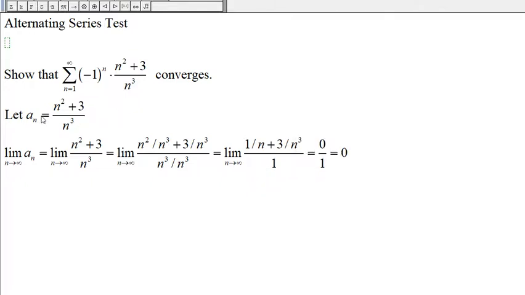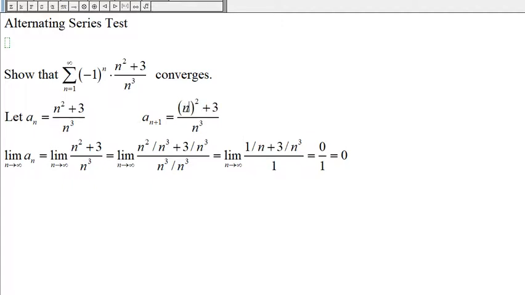And so for one like this, it's difficult to do a direct comparison, meaning if we form a sub n plus 1, in the place of n we would have n plus 1.